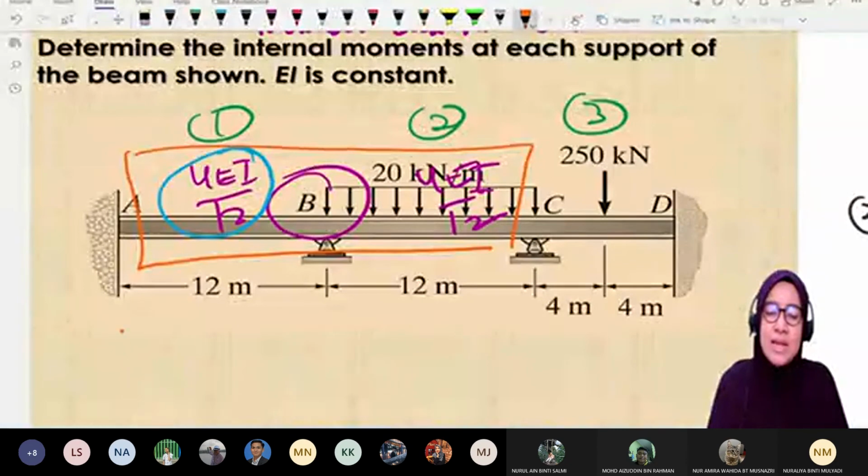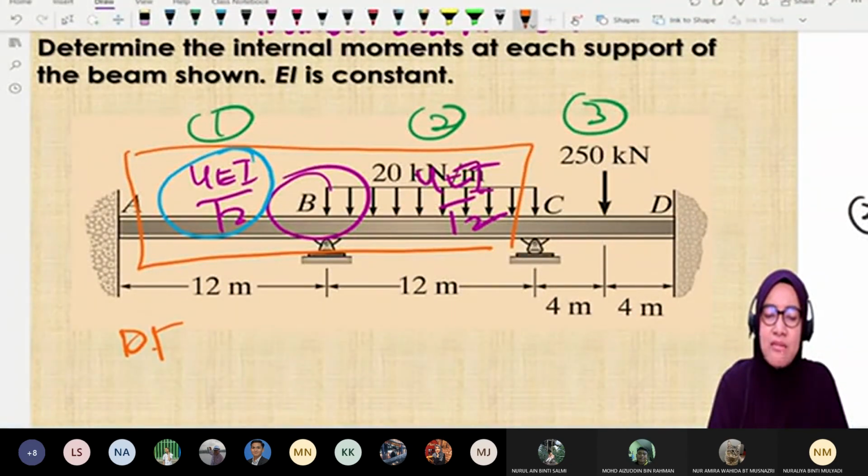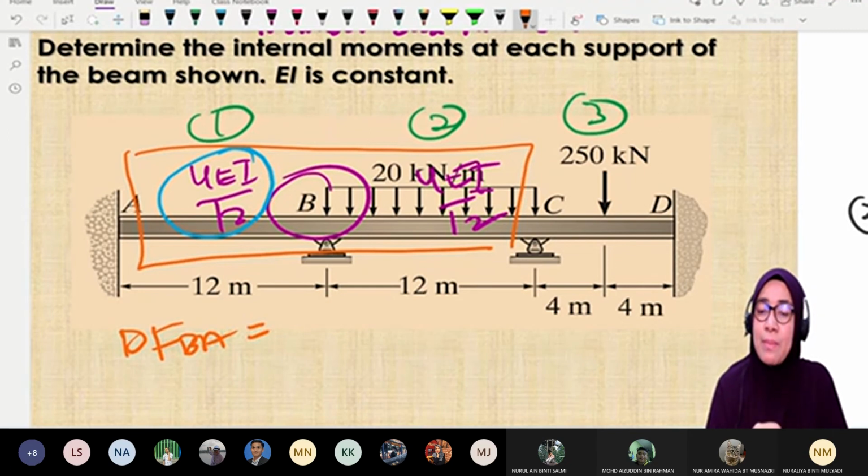When calculating DF, for this DFBA, we take 4EI over 12 divided by the total. So we get 0.5.